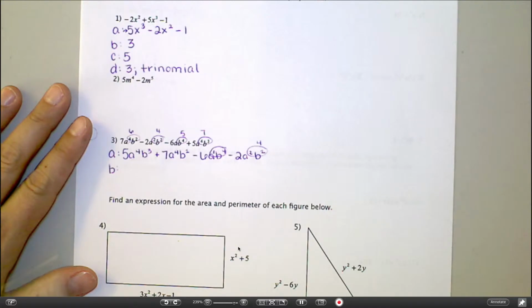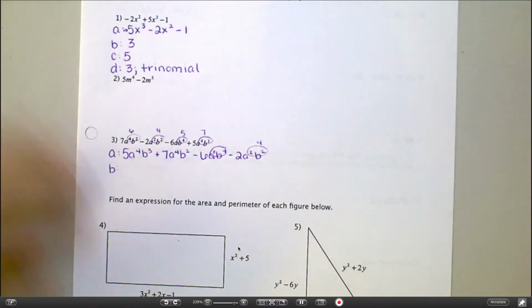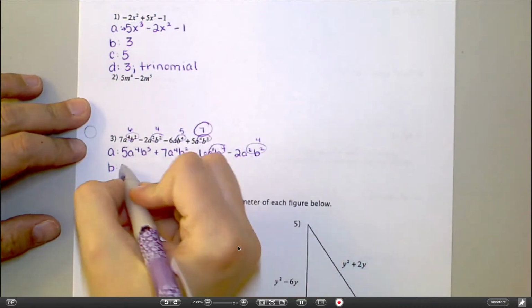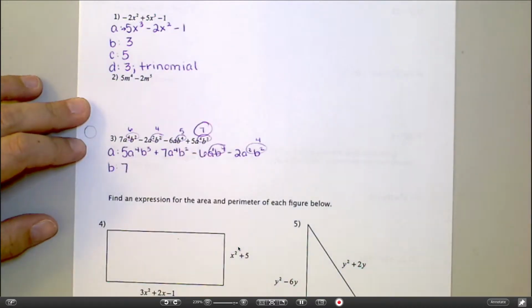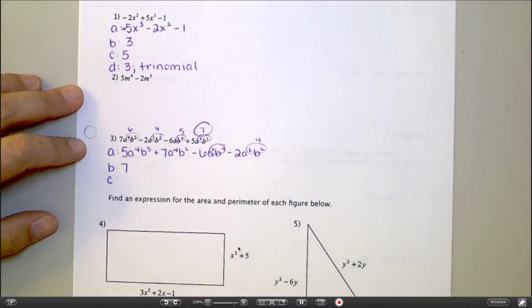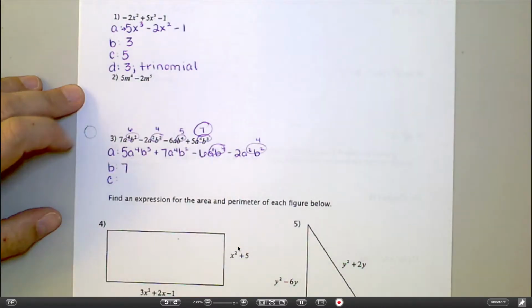Okay? Okay, so what is the overall degree of this whole problem? It's the biggest total. Yeah, so my degree would be this 7. Okay, it's always the biggest one. C, the leading coefficient, would be 5.